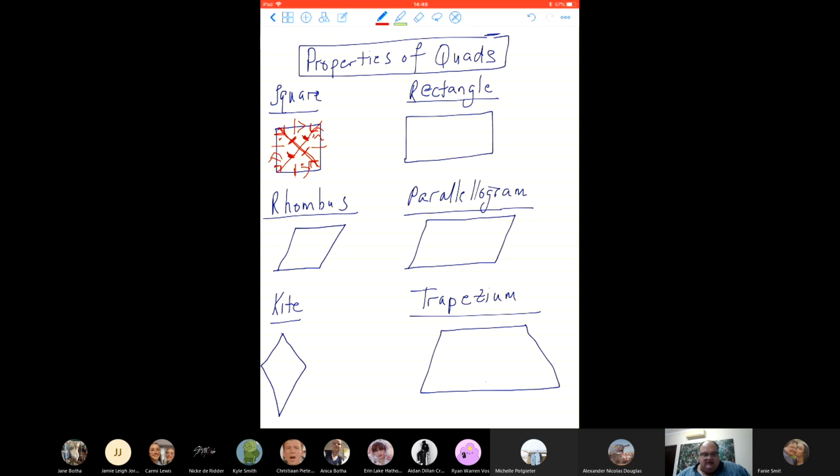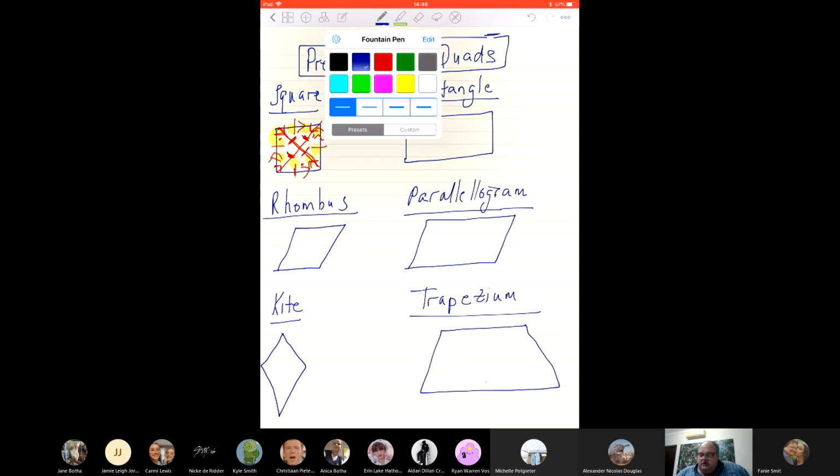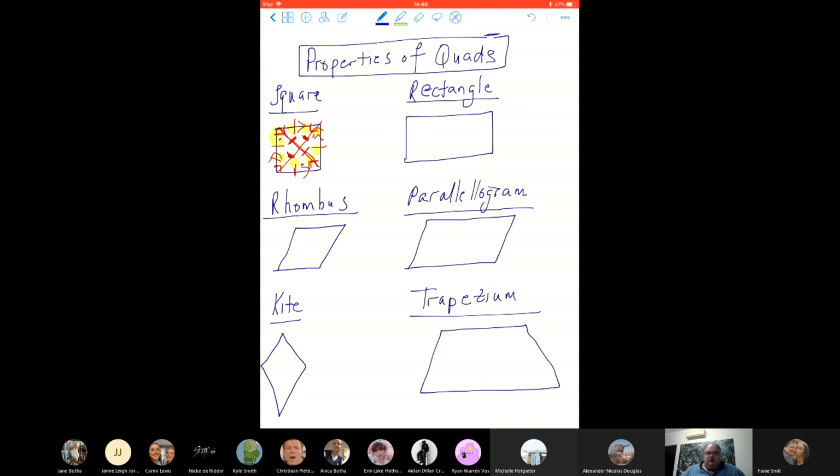The diagonals bisect, which means they cut each other in half, and that always gives you four isosceles triangles. So all those little angles on the sides are exactly the same. If you know that, you've got a fighting chance to do the questions on it.